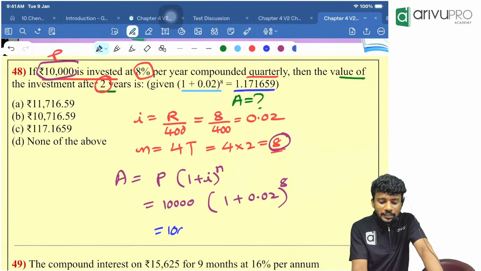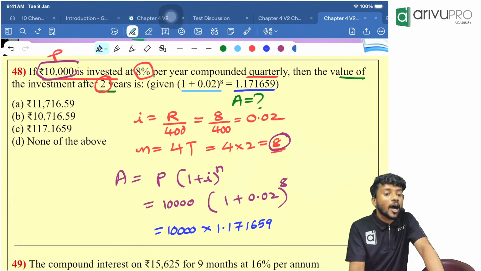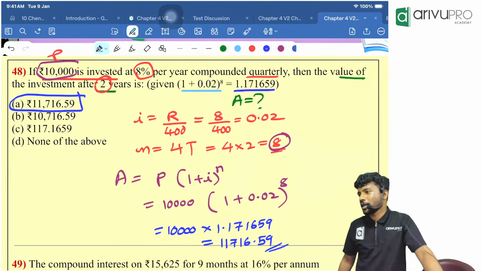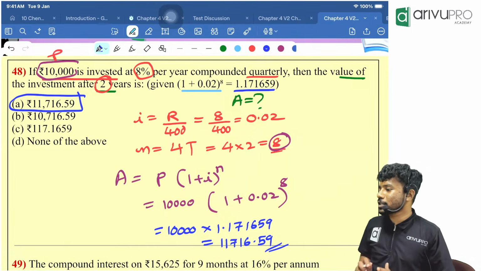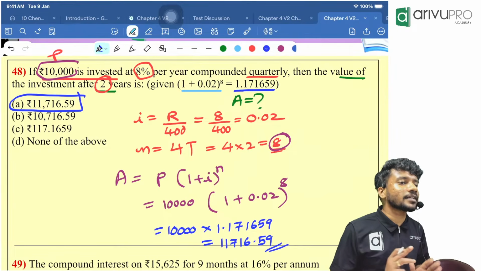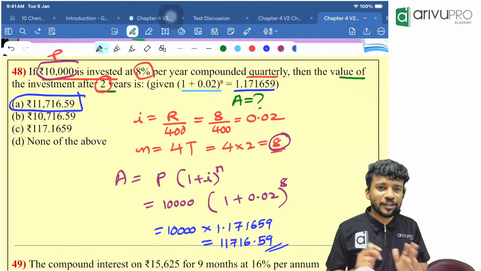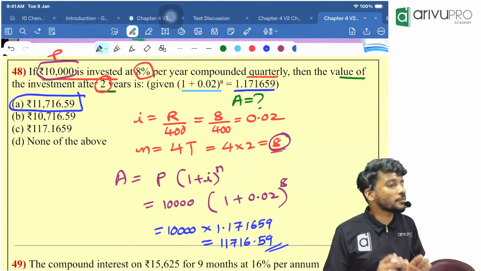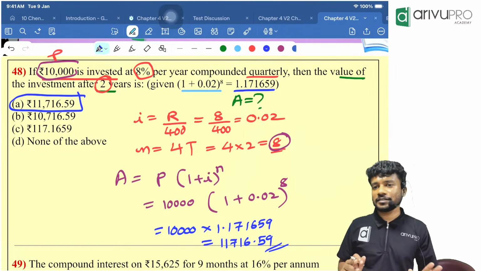That is 10,000 into 1.171659. How much is it, people? 11716.59. Which option is the answer? Option A. And in most of the questions, they will give those values in the bracket. Okay, they will not miss it out. They will give us those values in the bracket in most number of cases.